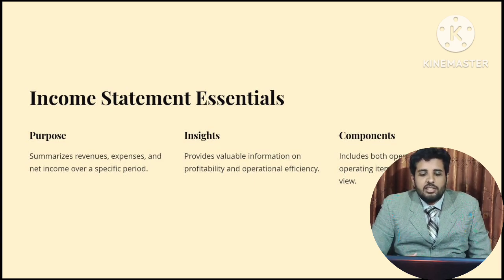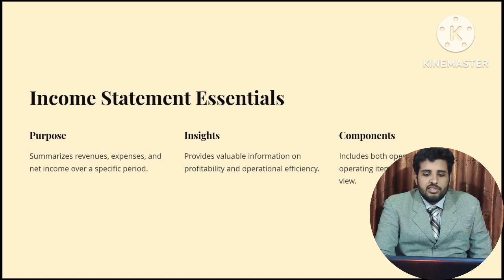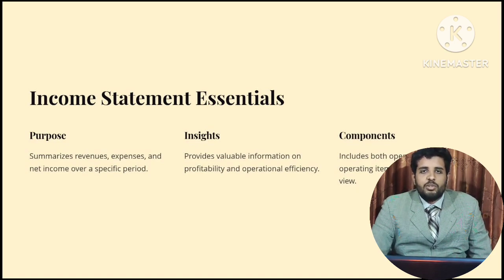Then its purpose is operational insights. It provides operational insights into an organization. It highlights the core and necessary business activities, revealing the effectiveness of resource allocation of an organization. Its structure and components include revenue, then expenses, and finally net income. Revenue means the income generated through the primary operations of an organization.